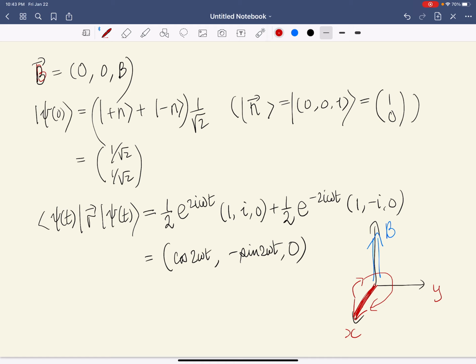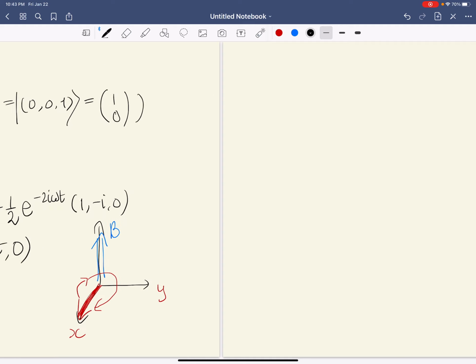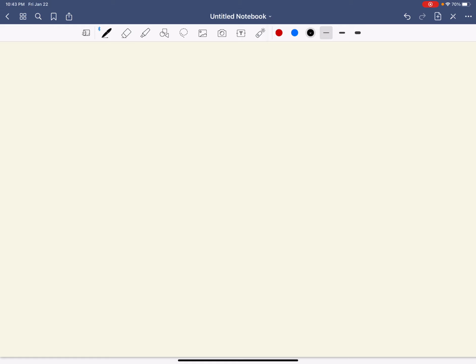Okay, and this sort of thing is called a precession. And precession in classical physics means that you have a certain axis, and then you have a certain vector, and that vector makes an orbit around the axis without either getting close to the axis or moving away from it.